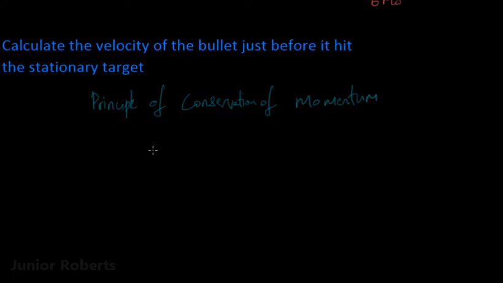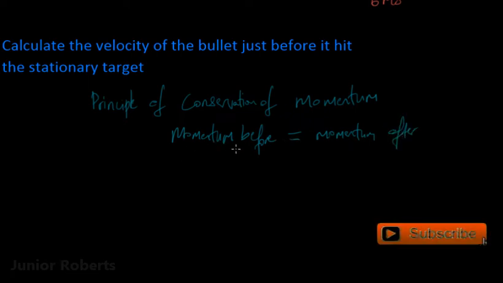So basically, the momentum before must be equal to the momentum after. That's our principle of momentum. The total momentum of the system before collision must be equal to the total momentum of the entire system after collision.